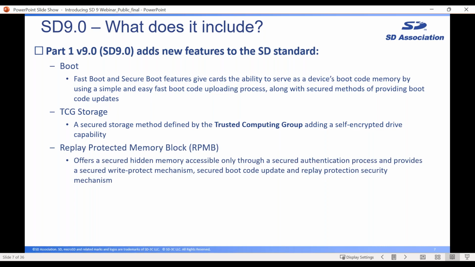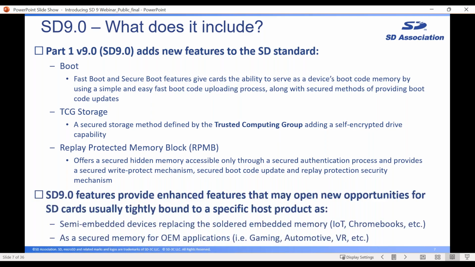RPMB, which is the replay protected memory block, offers a secured hidden memory accessible only through a secured authentication process, and provides a secure write protect mechanism, secured boot code update, and replay protected security mechanism. TCG and RPMB will be presented in more detail later by Yoni Sternhal.